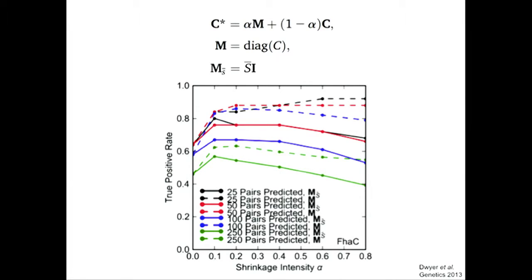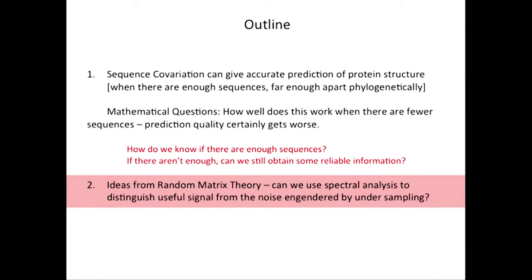But then if we increase the shrinkage intensity away from 0, you see that it gets much better. It goes up above 80%, almost approaching 90%. So that suggests that it really is a sampling issue. We're rather undersampled. So this led us to ask, are there other ways we could tackle this sampling problem? And in particular, could we turn to random matrix theory and use spectral analysis to distinguish between signal and noise?